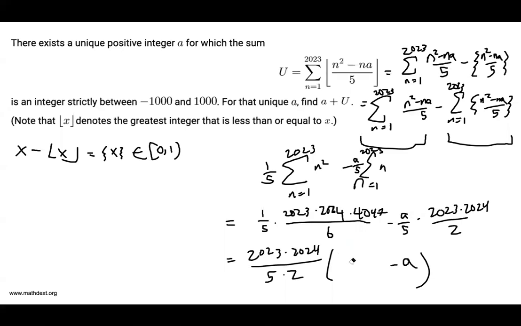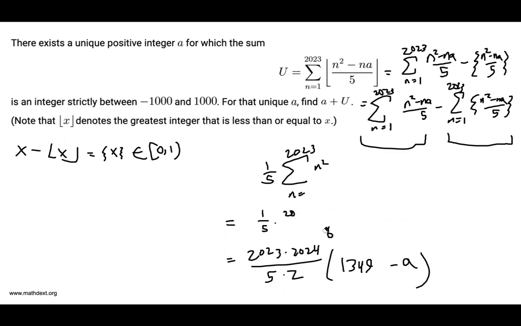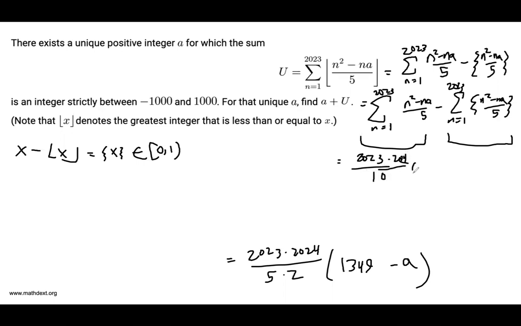So 1,349 minus a. Okay, so that's what this first sum is. Let me write that over here: 2023 times 2024 over 5 times 2, which is 10, times 1,349 minus a.